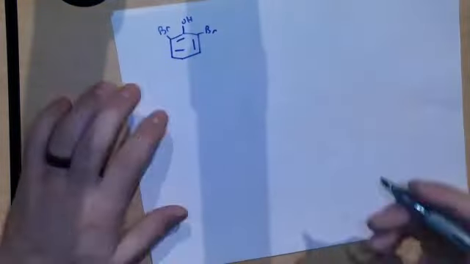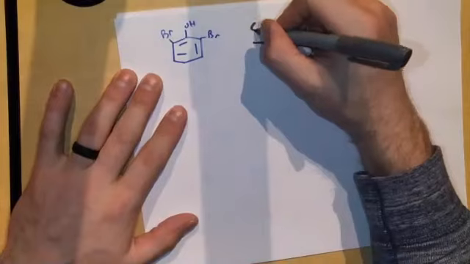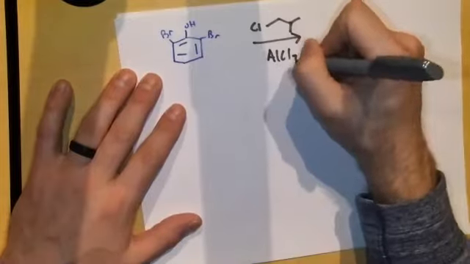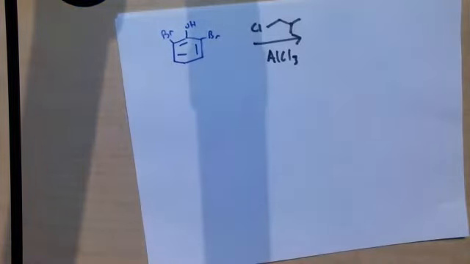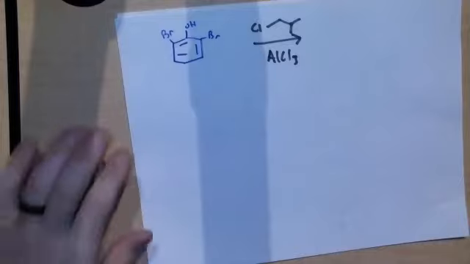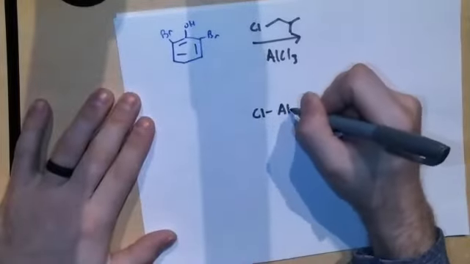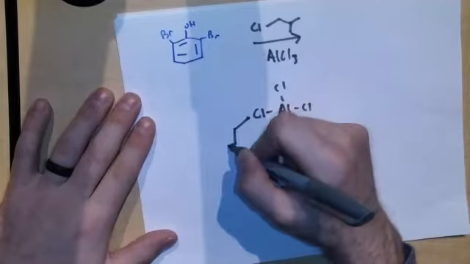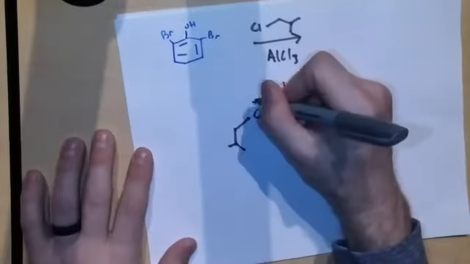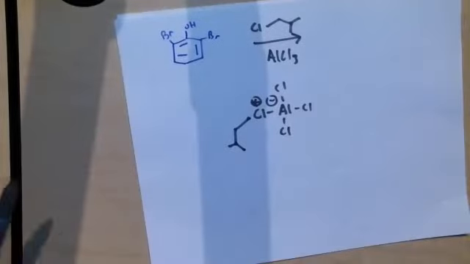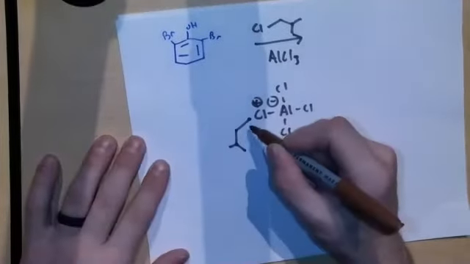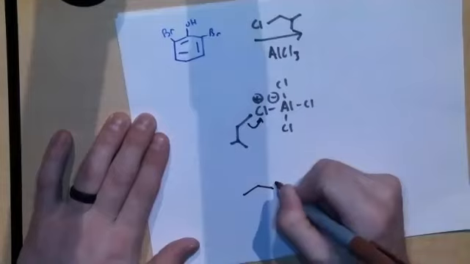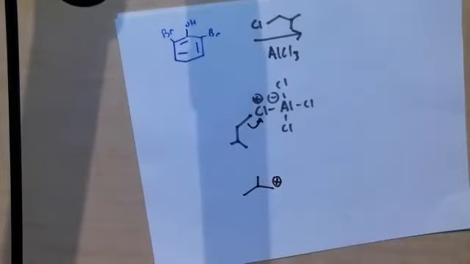I wrote in something that looks like this here. We can make a complex. Our complex can fall apart. And we'll make a carbocation.